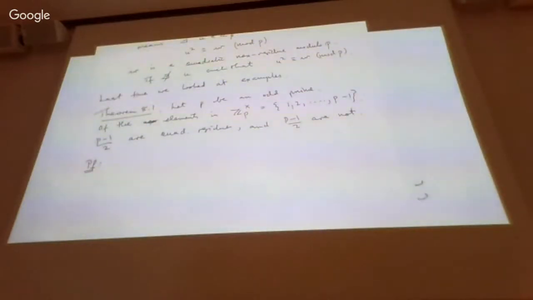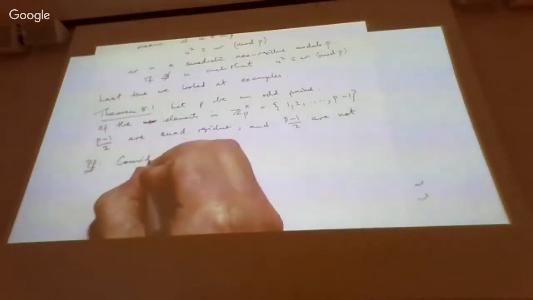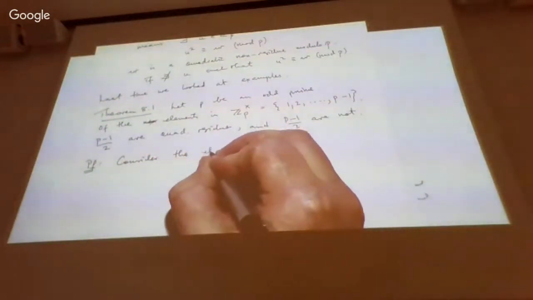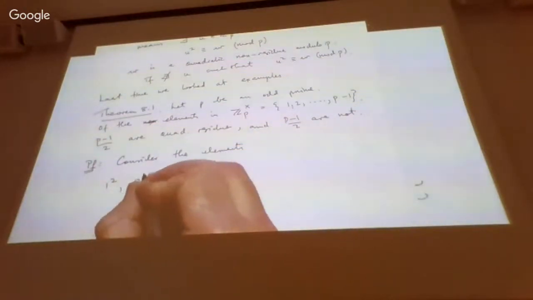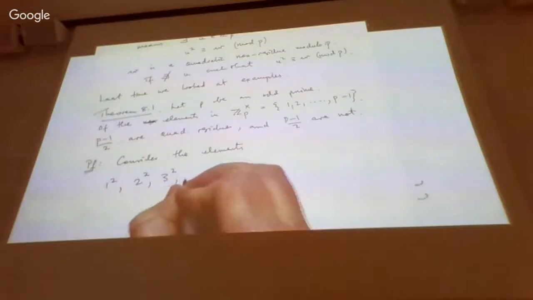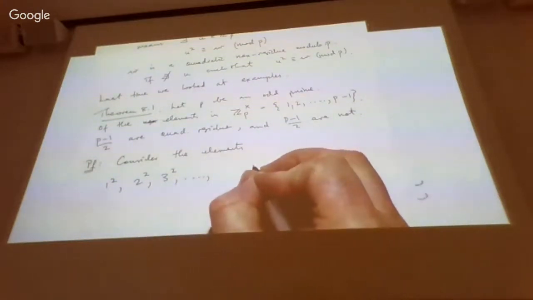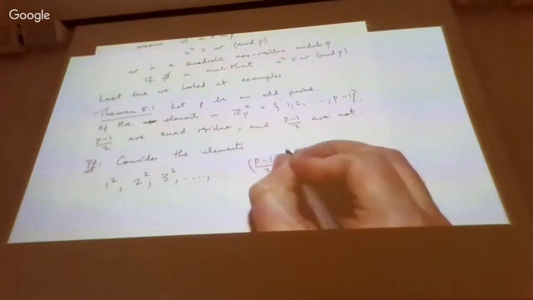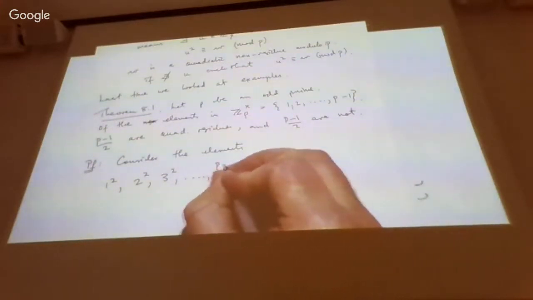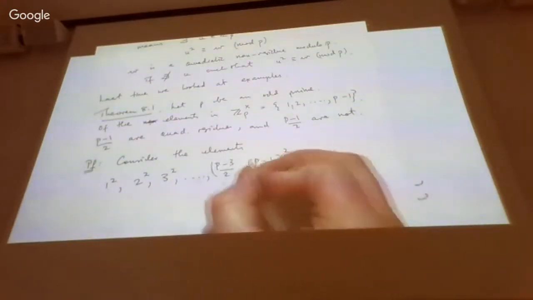So first of all, what are the quadratic residues? The quadratic residues are the things that are squares. So we'll consider the elements, and we'll pretty directly take the first P minus 1 over 2 elements and square them all. So the last one would be P minus 1 over 2 squared. The second last one would be P minus 3 over 2, all squared.